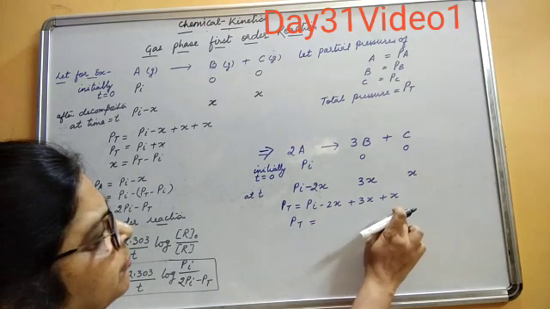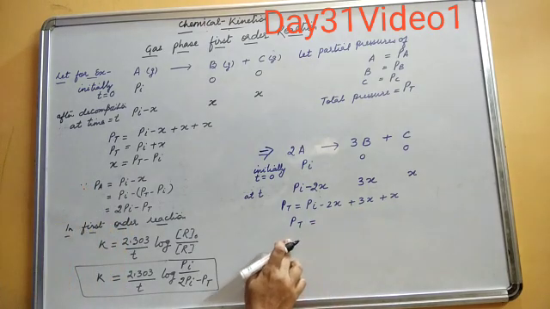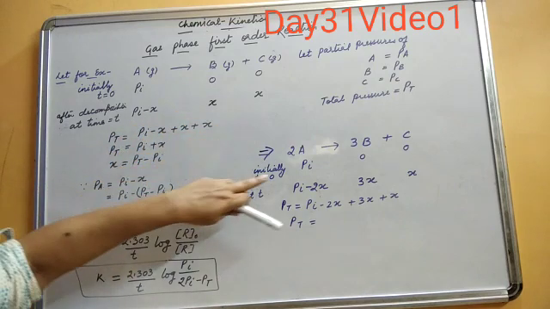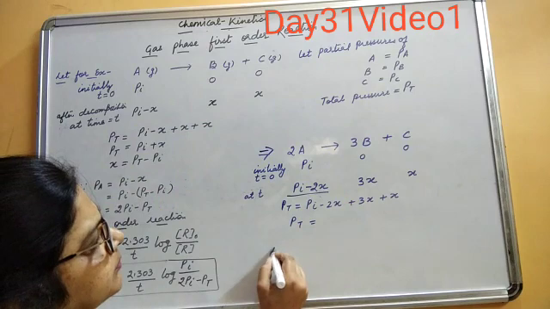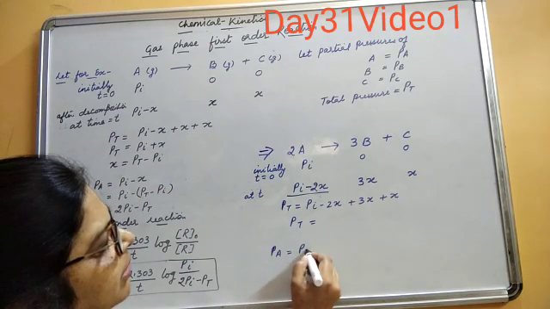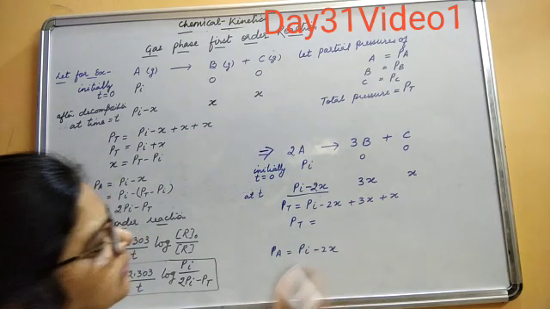If Pt will be different, then when we find x and put the value of x, we will get Pa, which will also be different, because here Pa will be Pi minus 2x.